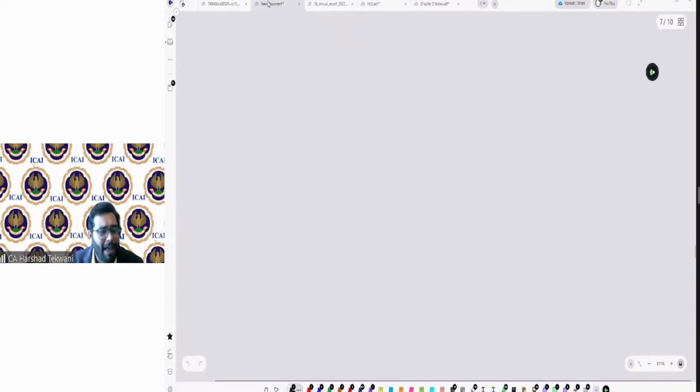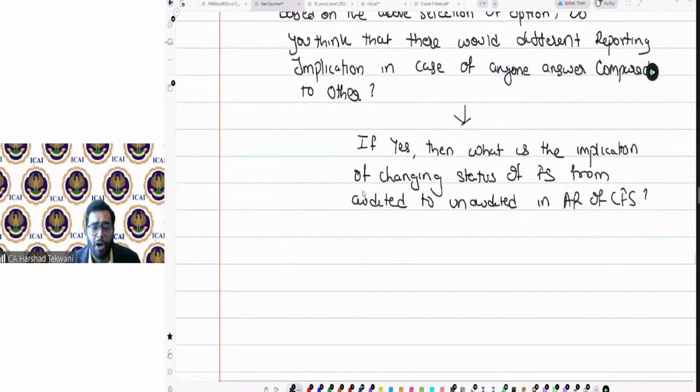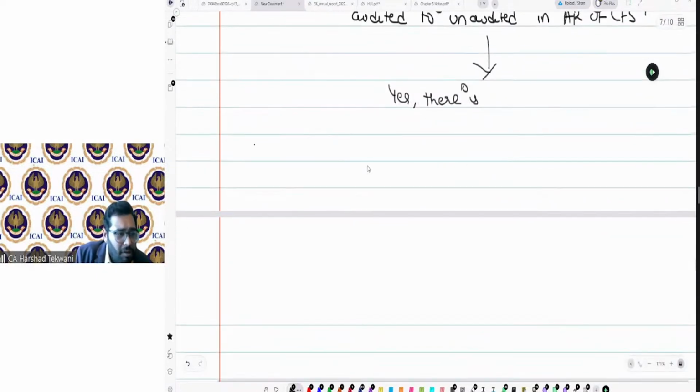Okay, so if I can rely subject to SA 600, the question is whether there is any reporting implication if I change the status from unaudited to audited or audited to unaudited. The answer is yes, there is, and that is at two places. One, SA 600 reporting, which is in the other matter paragraph.